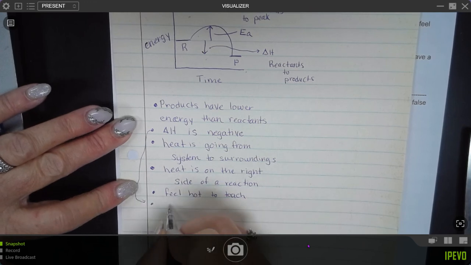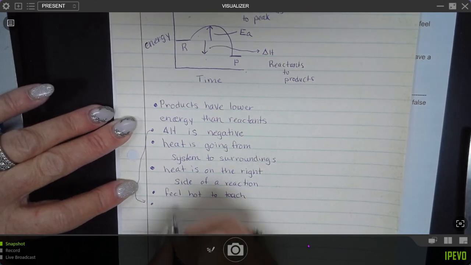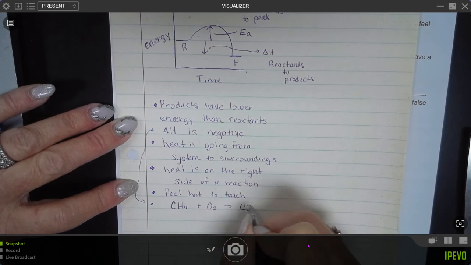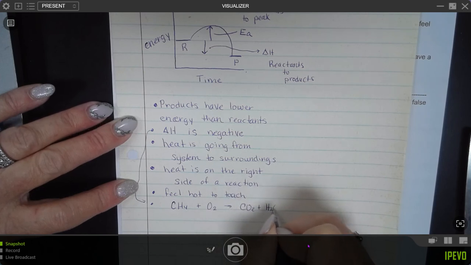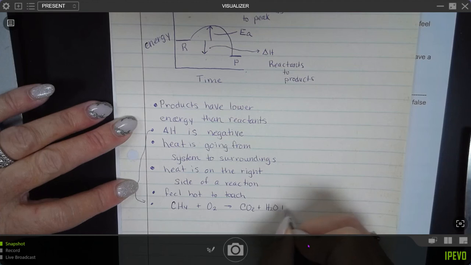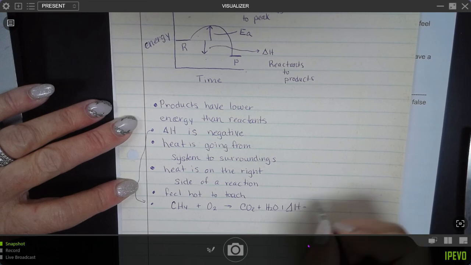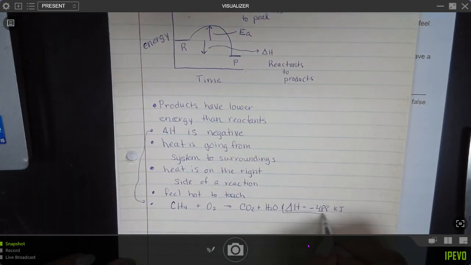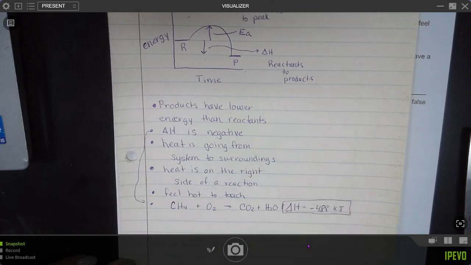If we would see that in an equation form, we would see delta H is negative 488 kilojoules. So when we see delta H written out, it's a negative number.